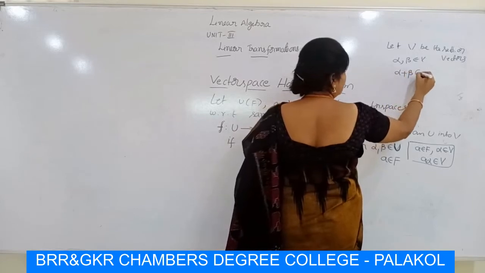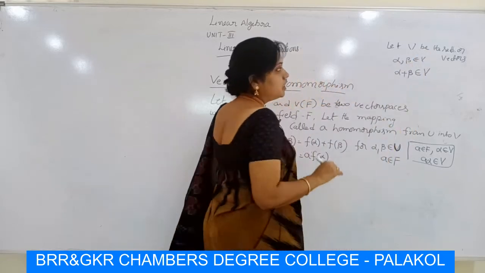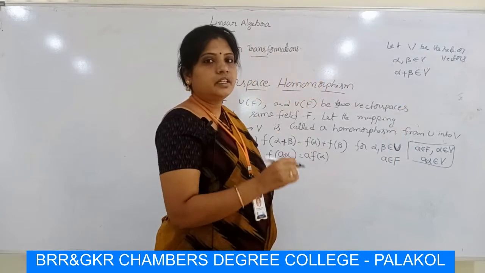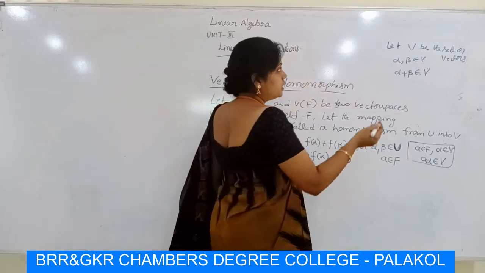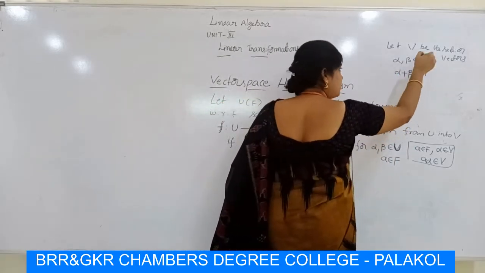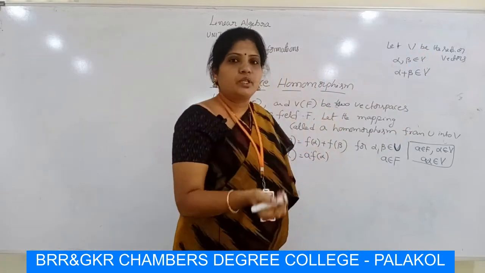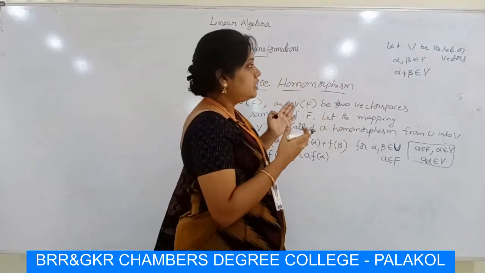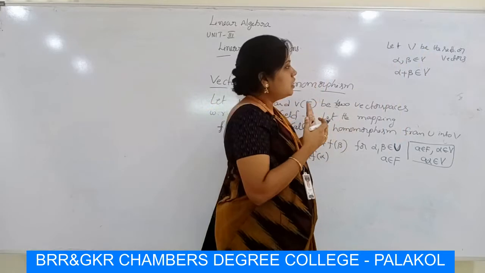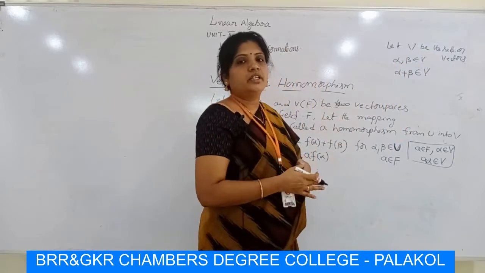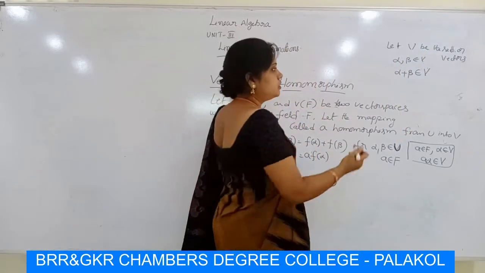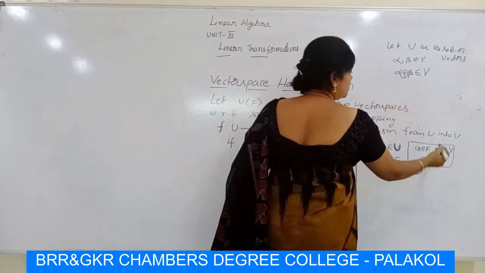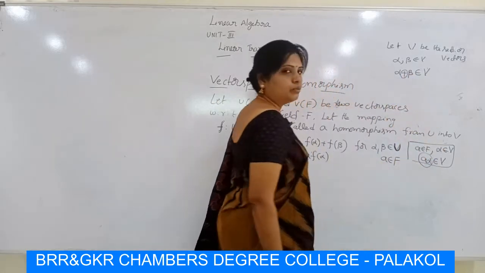This resulting element also belongs to V, then plus is an internal composition. Here we take two elements in the same set and the resulting element also belongs to the same set. Then the vector addition is called the internal composition.